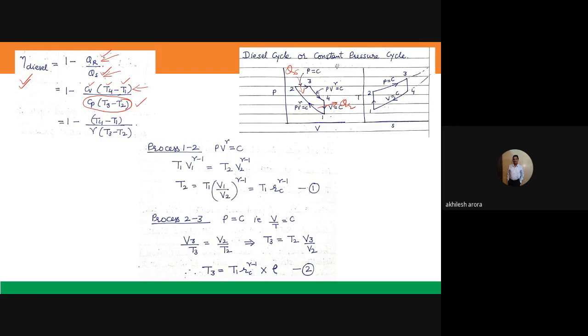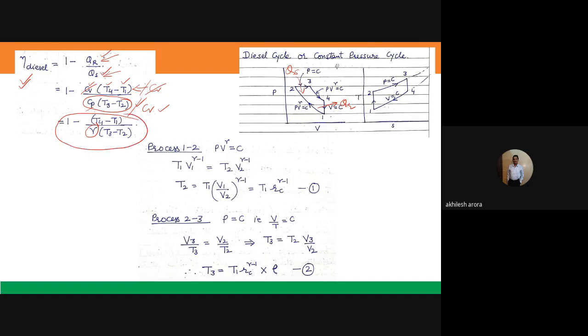Now, in the next part, what we can do is divide the numerator by CV and the denominator also by CV. So in the numerator, the CV and CV cancel out, whereas in the denominator, Cp by CV gives us the value gamma. So efficiency of the diesel engine is 1 minus T4 minus T1 divided by gamma into T3 minus T2.